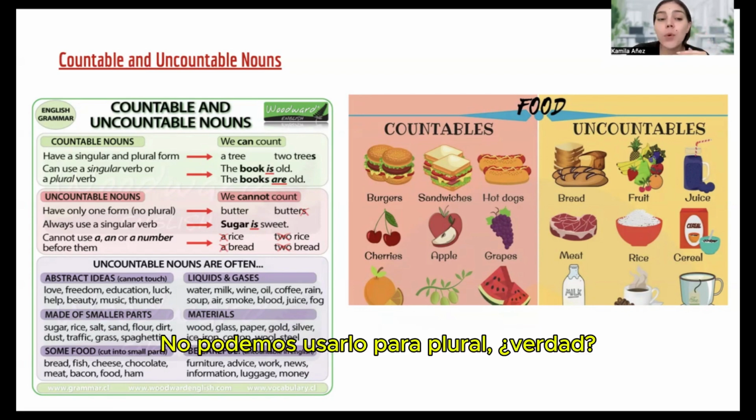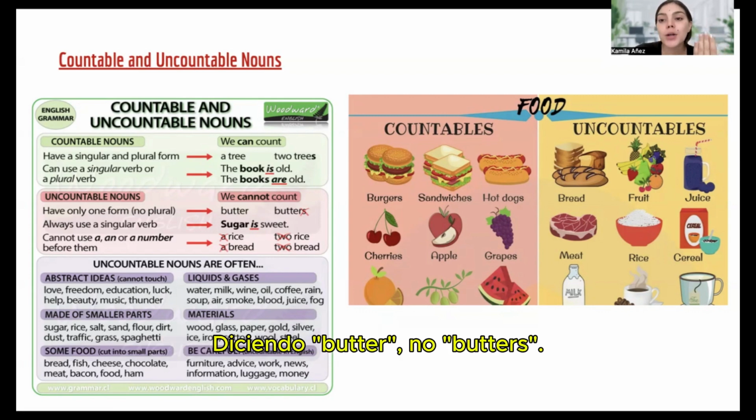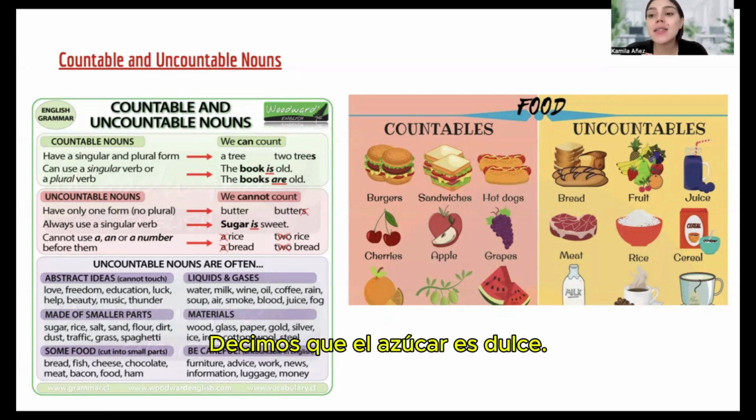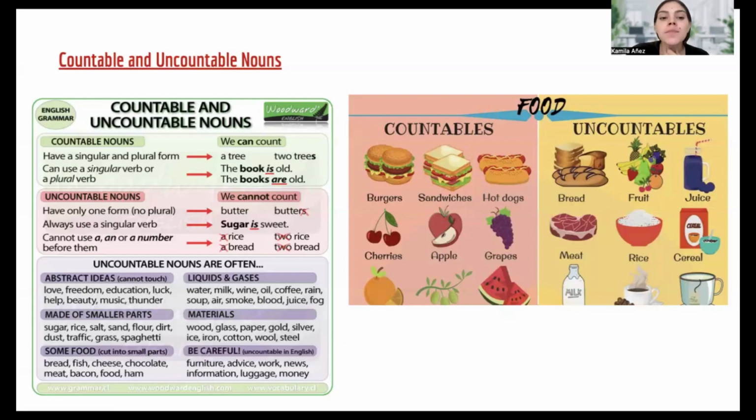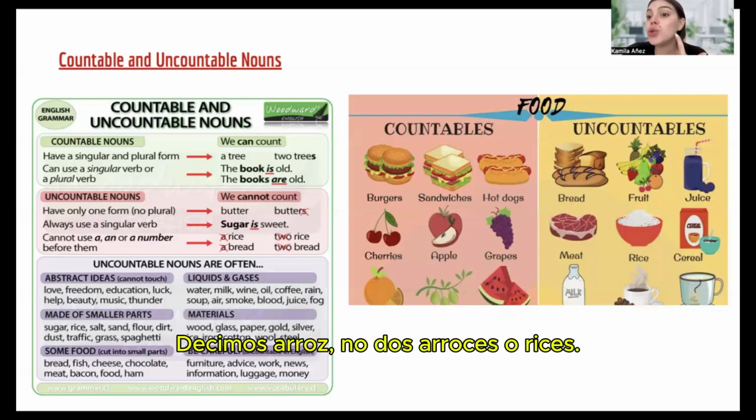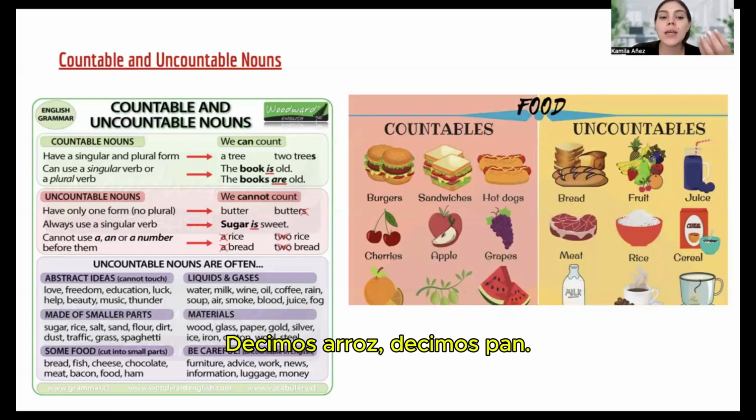We cannot use it for plural, right? For example, we say butter. We don't say butters. We say sugar is sweet. We cannot say sugar are sweet, right? We don't say two rice or rices. We don't say three breads. Or sorry, three bread or breads. All right. We say rice, we say bread.